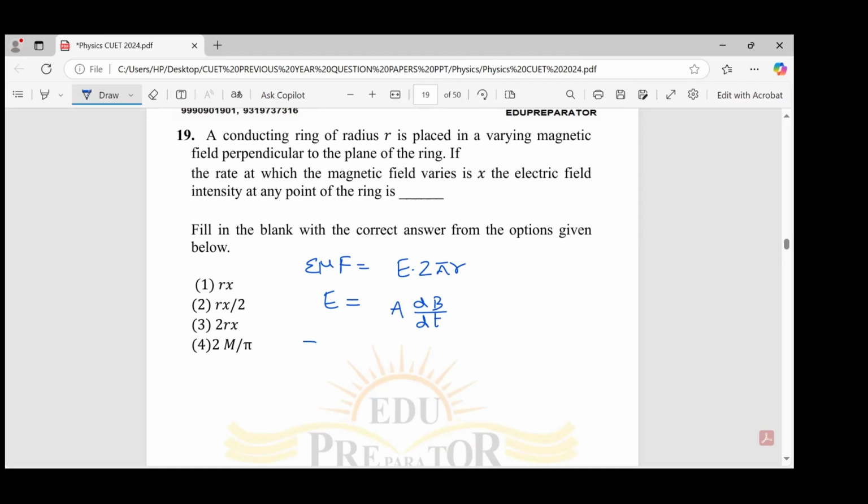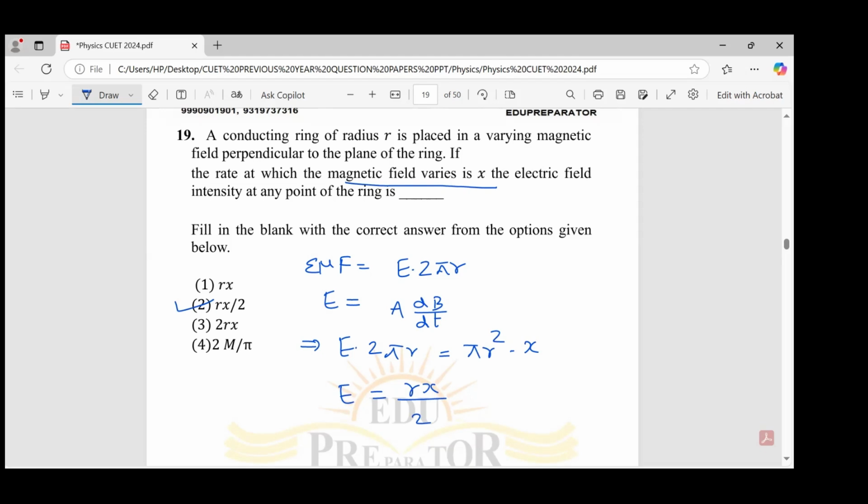So we equate them: E into 2 pi r is equal to area, that is pi r square, times the rate of change, which is given as x. The magnetic field varies at rate x. So we simplify and we have E equal to Rx by 2. So with this being Rx by 2, the second option is the correct answer, right?